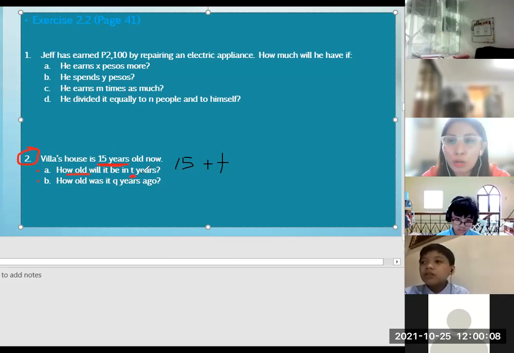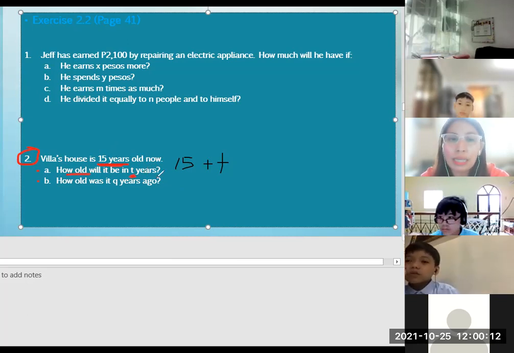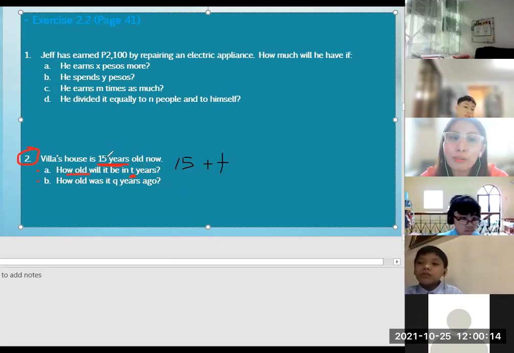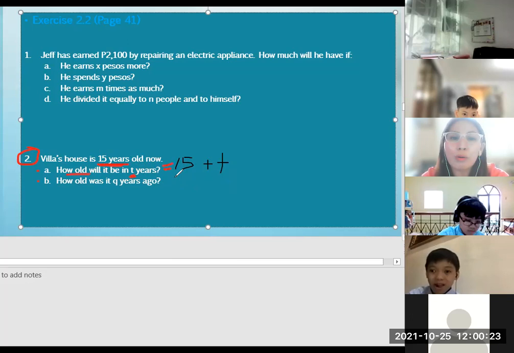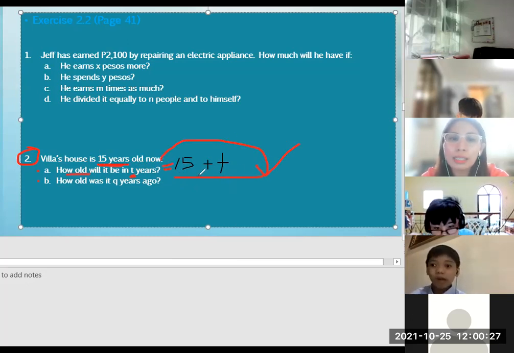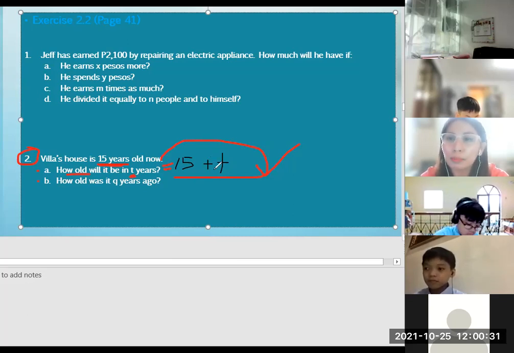We don't know how many years are added to 15 years. Therefore, we use T as the variable to represent that year. So for letter A, it's 15 plus the variable T. 15 plus T is the correct expression for 2A.